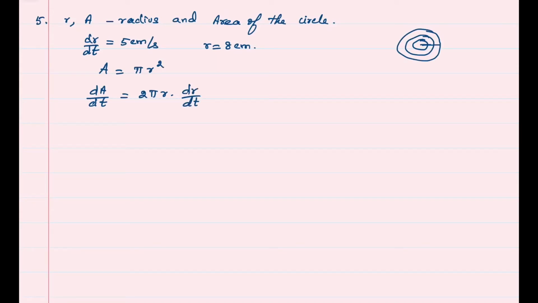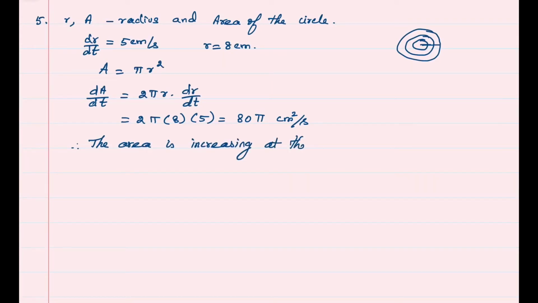Let us substitute the values which are given. 2 pi, r is 8, dr by dt is 5. 80 pi, and the unit for dA by dt is centimeter square per second, which is a positive quantity. Therefore, the area of a circular wave is increasing at the rate of 80 pi centimeter square per second.